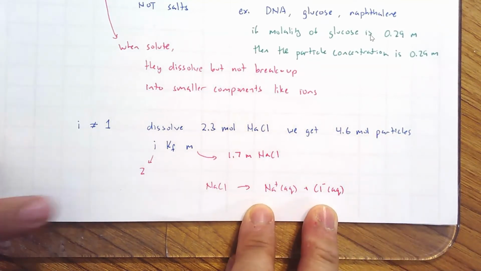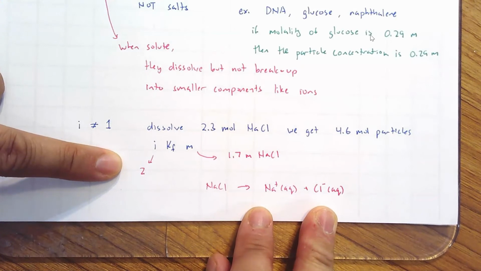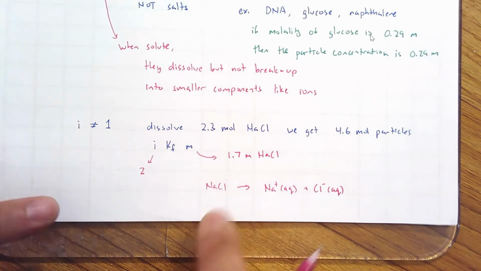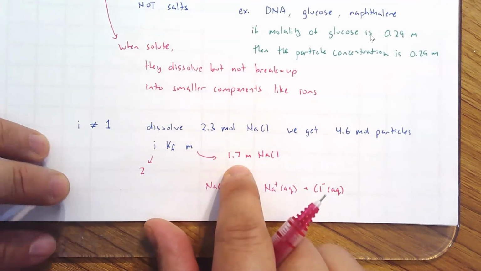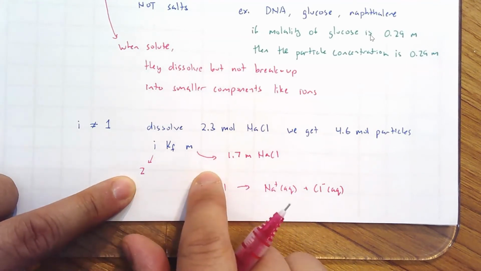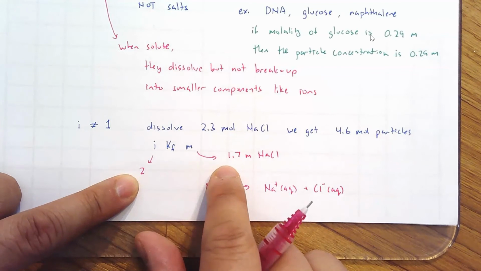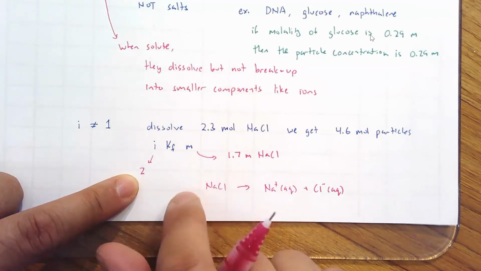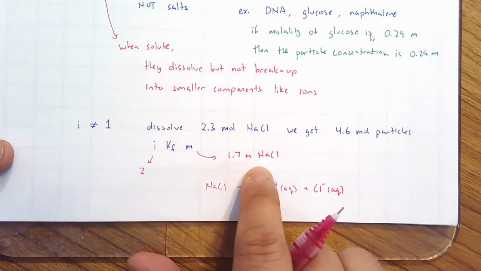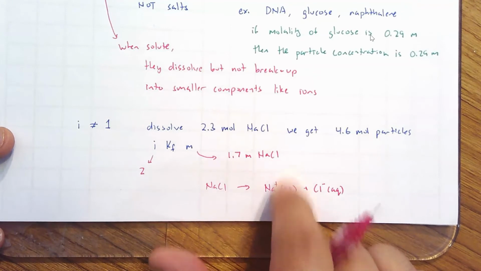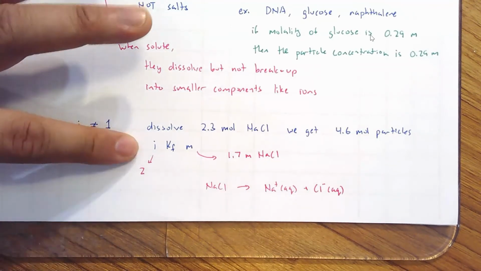That's where you get the 2 from, and that is the van 't Hoff factor. Your effective molality is not actually 1.7, it's 1.7 times 2. This is unitless. So you really have a 3.4 molal solution of particles, not a solution of sodium chloride. So that's i equals 2.